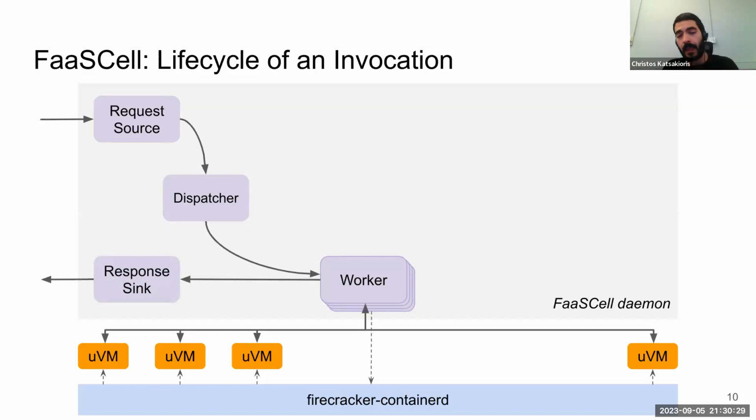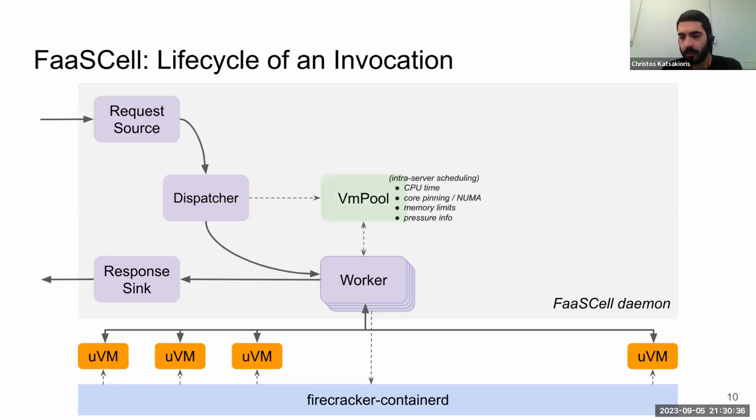So how does the dispatcher know which worker it should forward the request to? It asks VMpool, a core component in our system, which we attempt to make as extensible as possible with intra-node, intra-server scheduling policies.